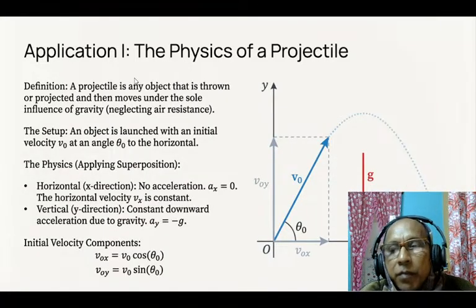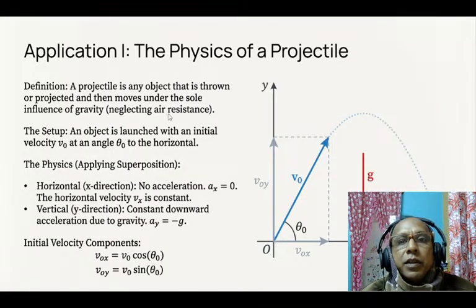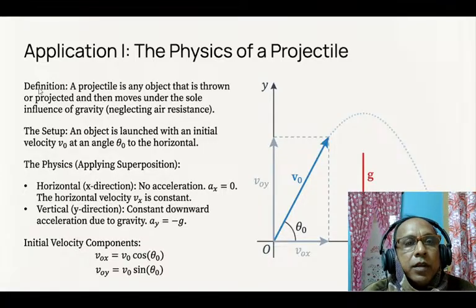Application 1: the physics of a projectile. What is that? A projectile is any object that is thrown or projected and then moves under the sole influence of gravity, neglecting air resistance. The setup: an object is launched with an initial velocity v0 at angle theta 0 to the horizontal.